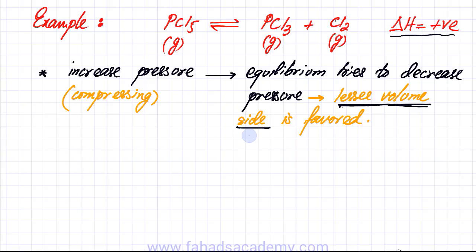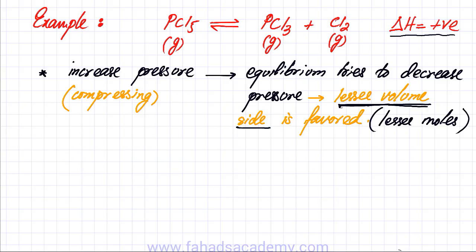One is by looking at the states, and the states are exactly the same. They're all gaseous, so the states will not be of much help. So you can look at the number of moles and check out the side which has fewer moles. Fewer moles means there are fewer particles, and fewer particles means that they would occupy a smaller volume.